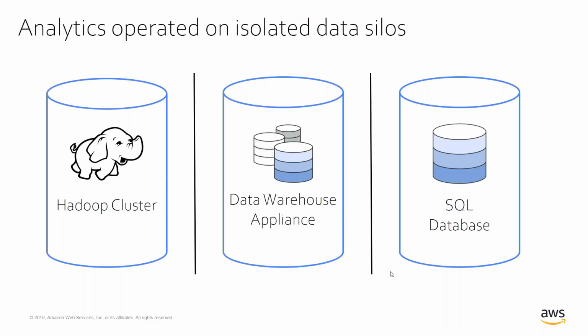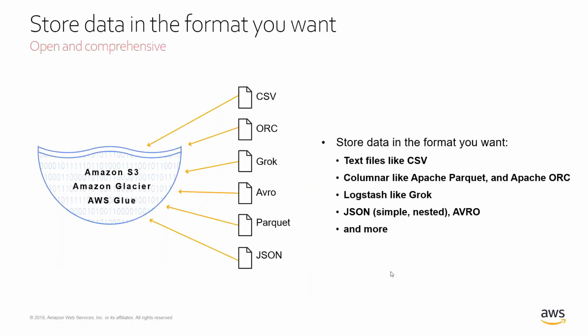What we want to do with data lakes on AWS is we want to get rid of these data silos. We want to give you options, the ability to do massive scale analytics. So the way we are going to start off doing all those things is by giving you one single place to put all your data, one single storage system to put all your data.